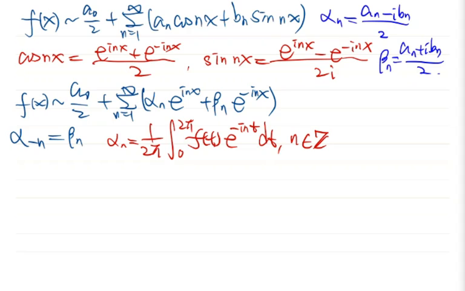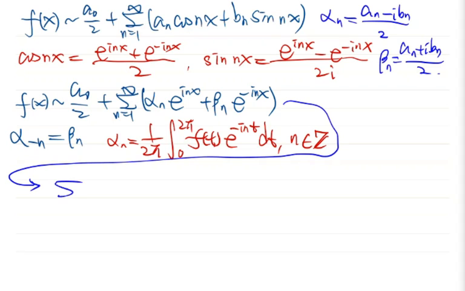Then the Fourier series can be written as the sum from minus infinity to infinity of alpha n exponential of inx. Easy computation. So this is the exponential or complex form of the Fourier series.